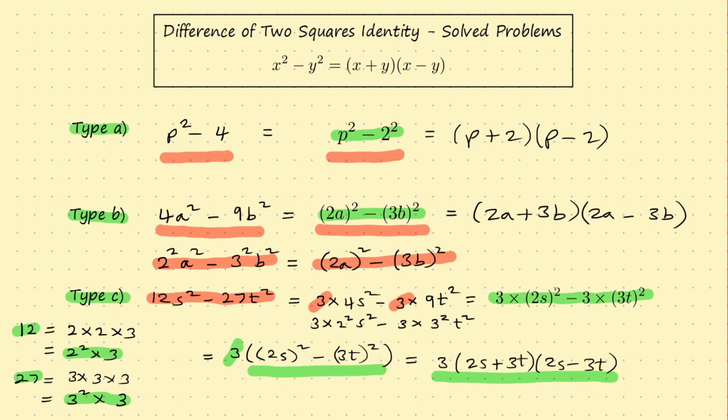So in fact, the most useful factorization of the original expression is 3 times 2 squared s squared minus 3 times 3 squared t squared, because that can be turned into the form in which I presented the original problem, 3 times (2s) all squared minus 3 times (3t) all squared.